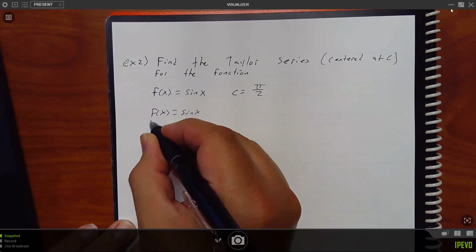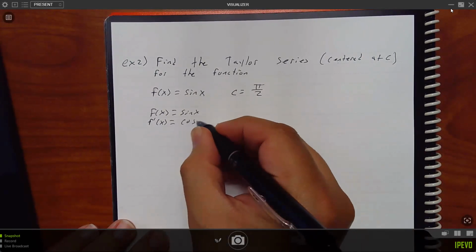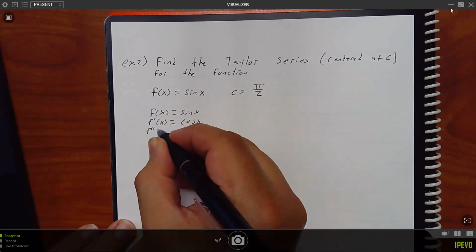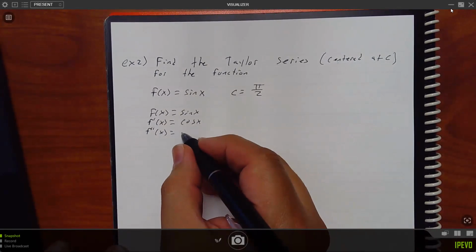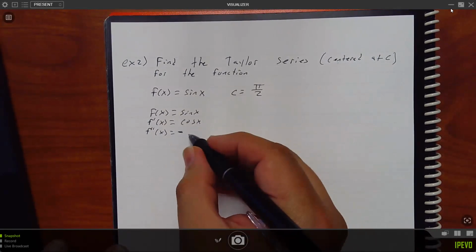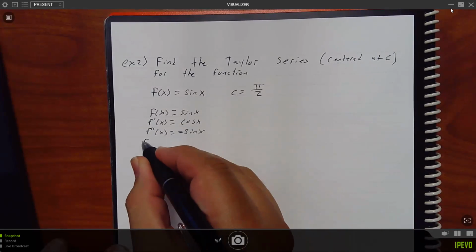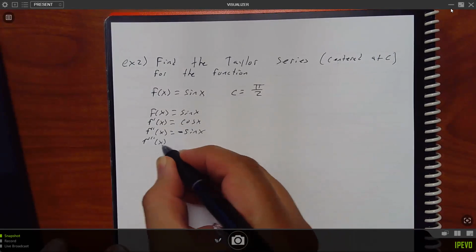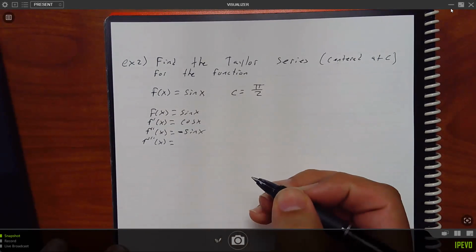First derivative. What's the first derivative of sine? Cosine. What's the second derivative? Negative sine. Yeah. Third. Negative cosine.